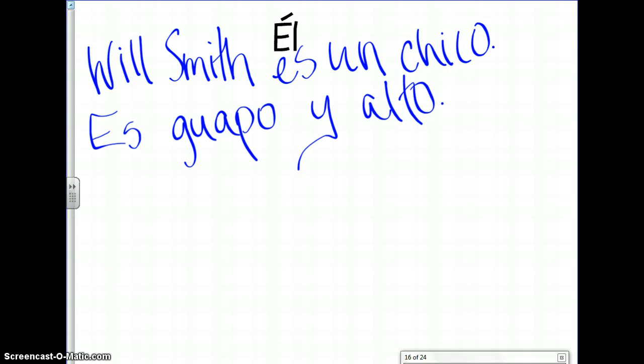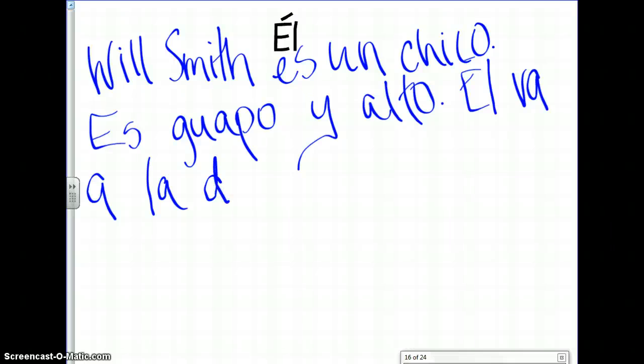Next, I could choose a place and say 3 things that he does there. I could say, él va, he goes to. Where should we have him go? Let's have him go to the dance club. Él va a la discoteca.